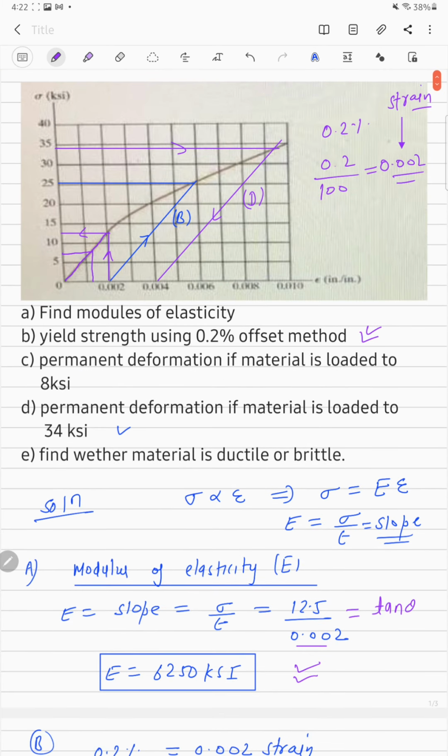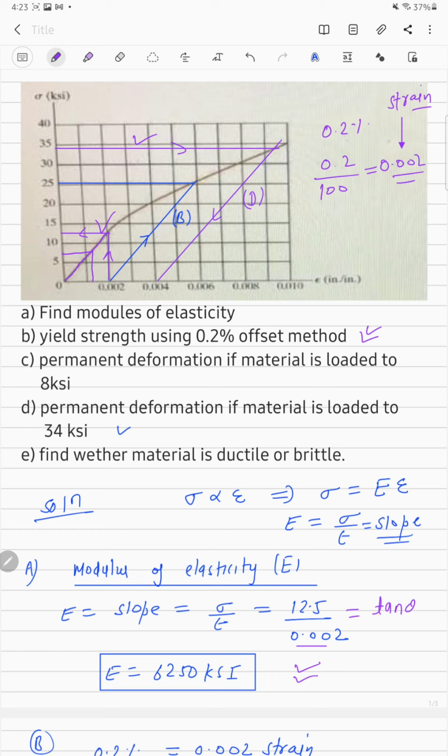Now in part D we have loaded up to 34 ksi. We have loaded the material up to 34 ksi, and then we remove the load. Then what will happen? The material will retrace its path parallel to the initial line that passes through the origin. So we draw a line parallel to this from this point.